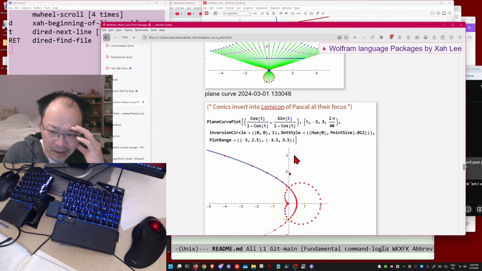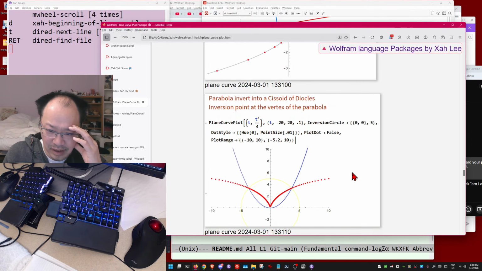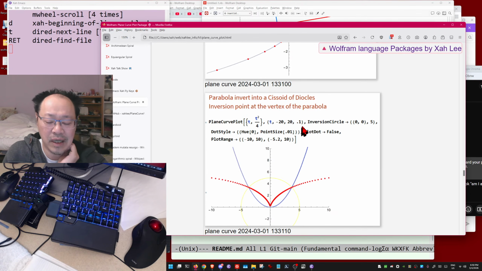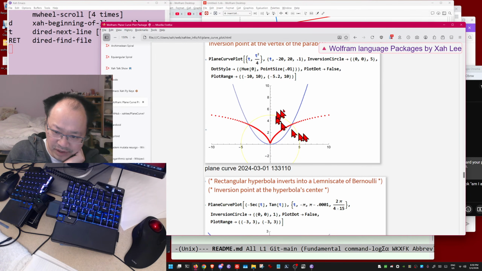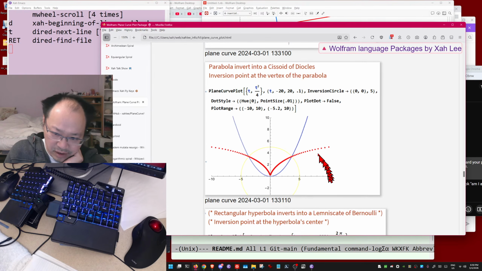Then there is conic inversion into the limaçon of Pascal at their focus. So there's inversion. You can invert a curve with respect to a circle. For example, this picture shows the inversion of a parabola with respect to the circle centered at the vertex of the parabola.